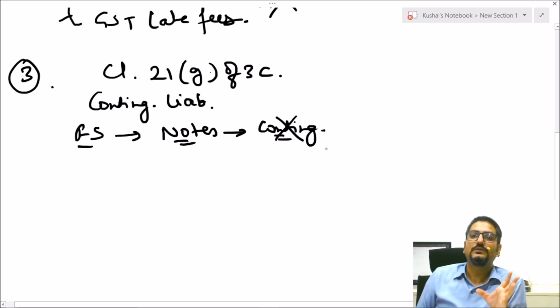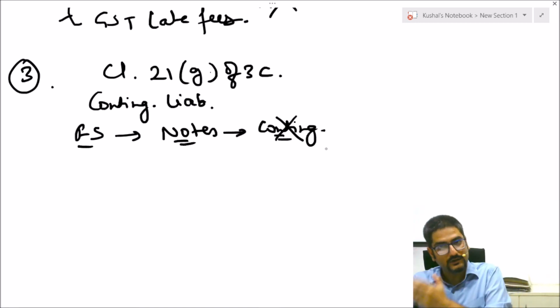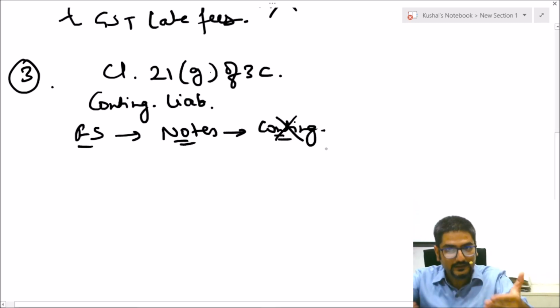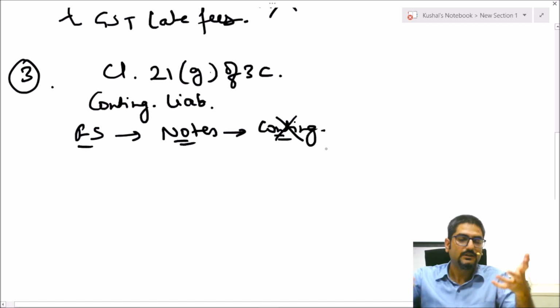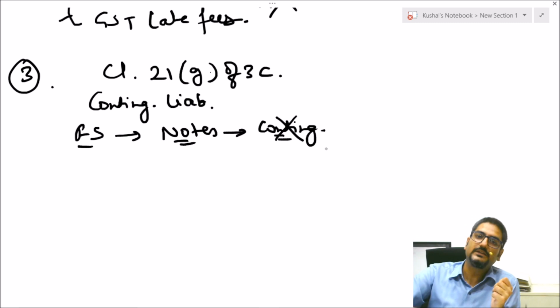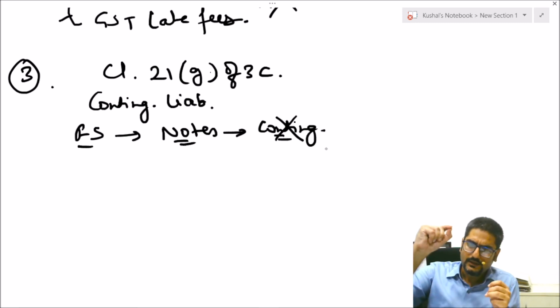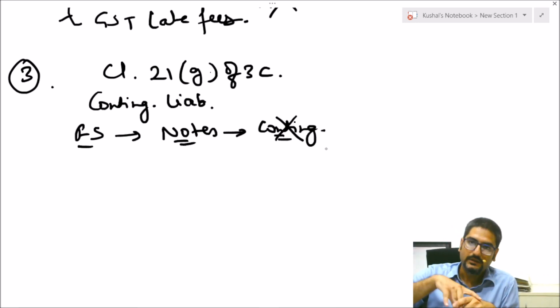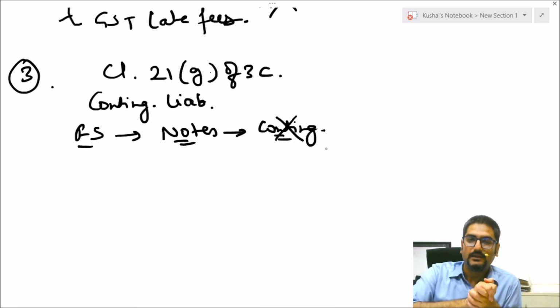Actually, clause 21G of 3CD talks about the details of a liability which is in the nature of a contingent liability. It means the liability is there in the financial statement, posted on the liability side of the balance sheet, and that actual liability is of the nature of a contingency, based on a contingent event. So the income tax department wants details of that liability.